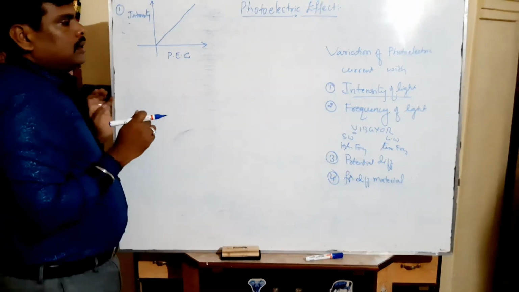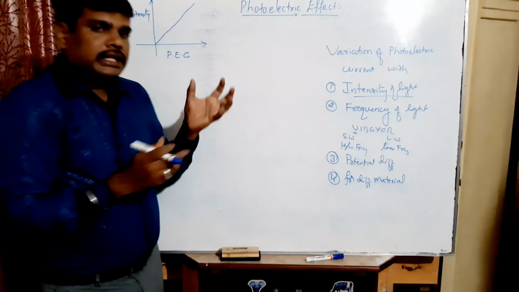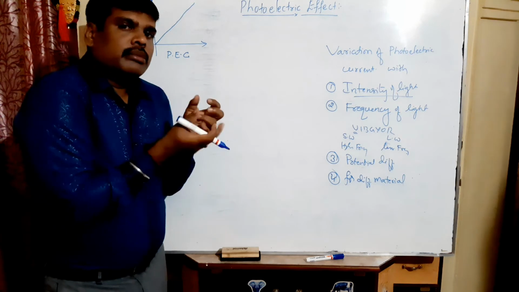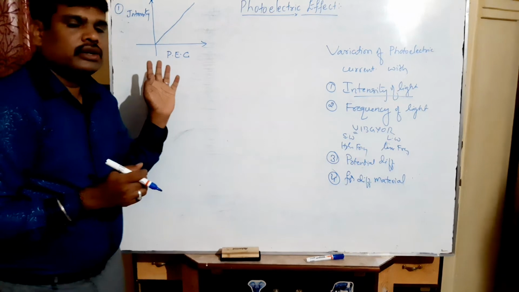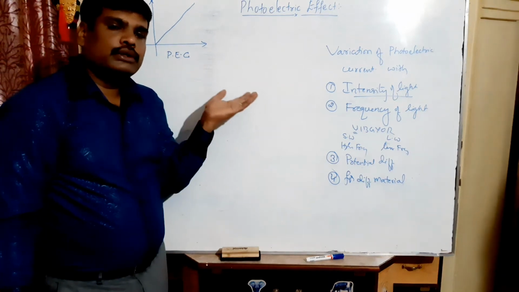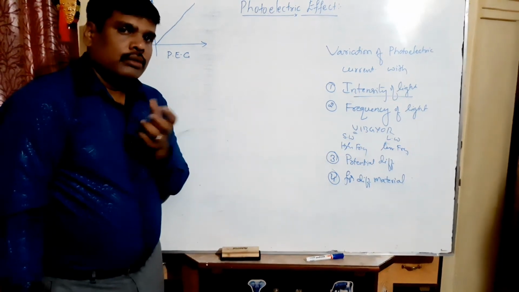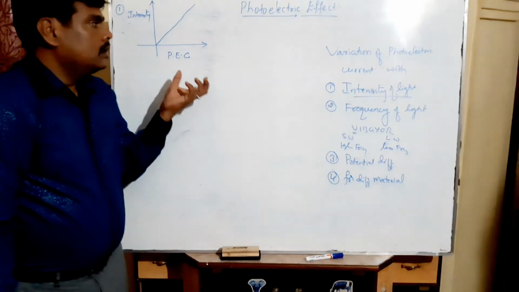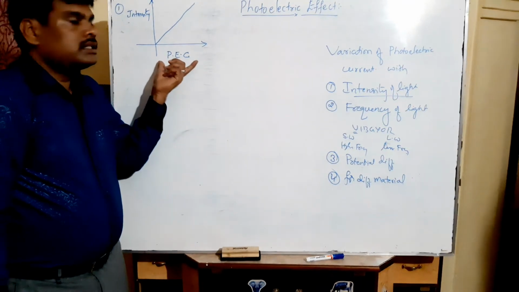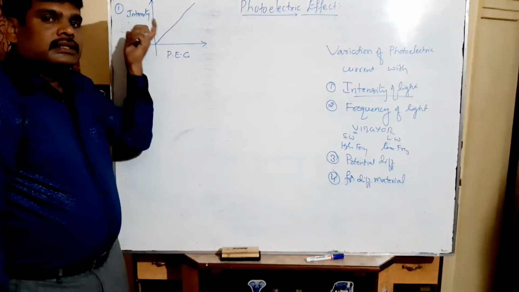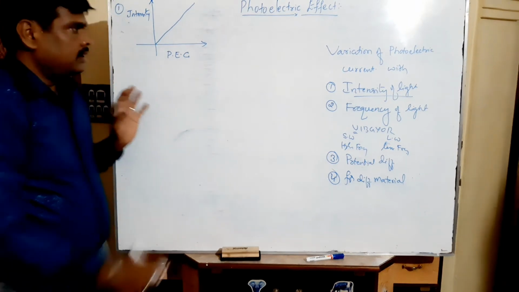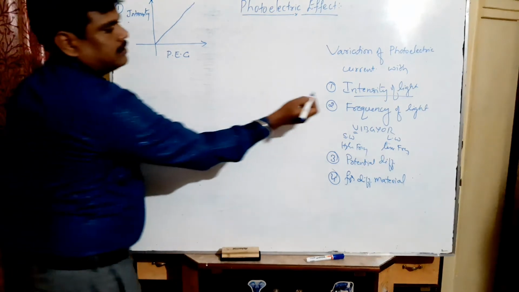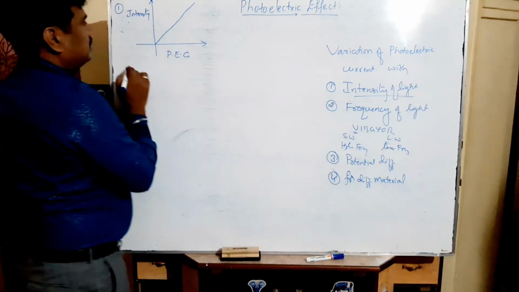The meaning of this is that when the intensity of light increases, the number of emitted electrons also increases. The photoelectric current increases because the photoelectric current is directly proportional to the number of electrons. If the intensity increases, the emitted electrons also increase, so the photoelectric current increases linearly. So this is the first experimental observation.